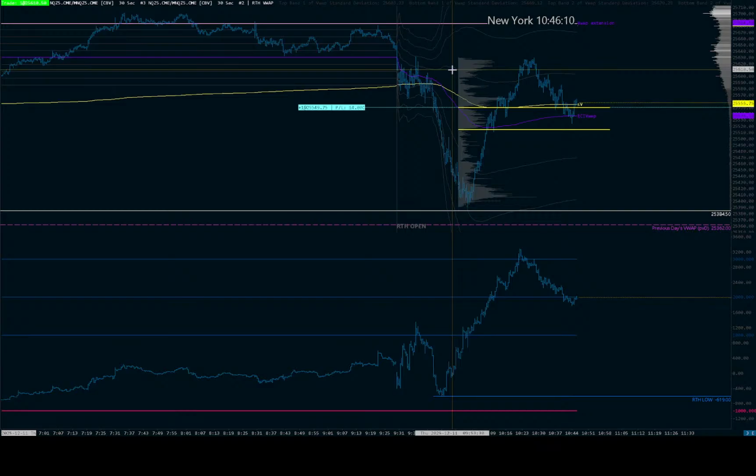And I'm basically using the VWAPs as a simplified version for context for me. It's only because I have only so much screen space. For me, I had to be able to quickly find trades.